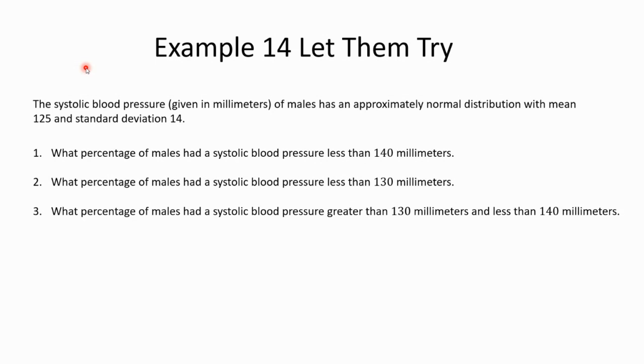So they're basically telling us that they measured the blood pressure of a bunch of males, and when they plotted the data, they saw that the data is approximately normally distributed. That is, it lies on a normal distribution curve, one that has a mean of 125 and standard deviation of 14.